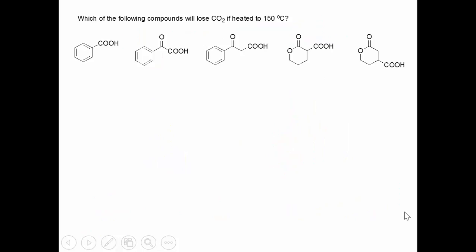Okay, let's just do a problem here. Circle the compounds that can lose CO2 if heated to 150 degrees C. What we're looking for is carboxylic acids that have a C double bond O on the beta carbon. This one has only one C double bond O of any kind. We're not going to circle that one.